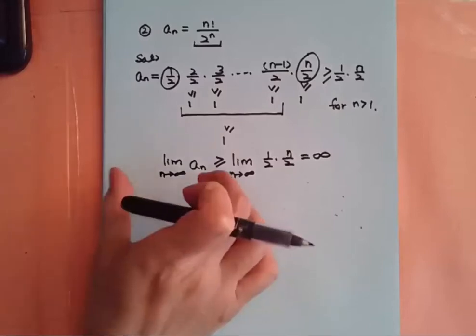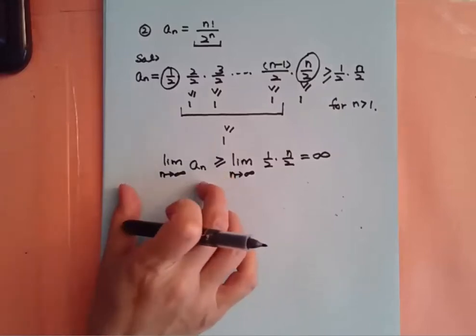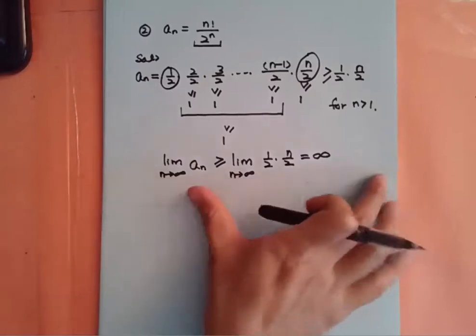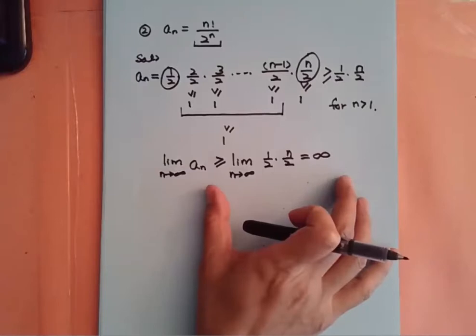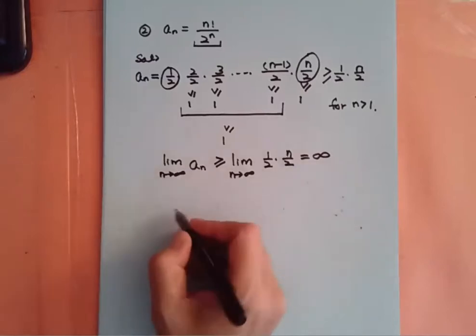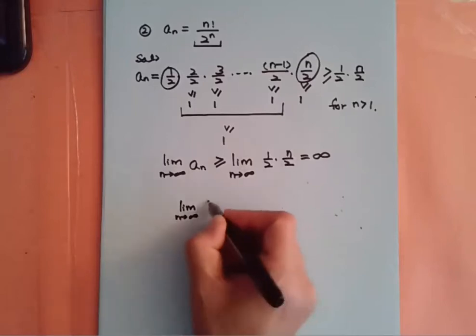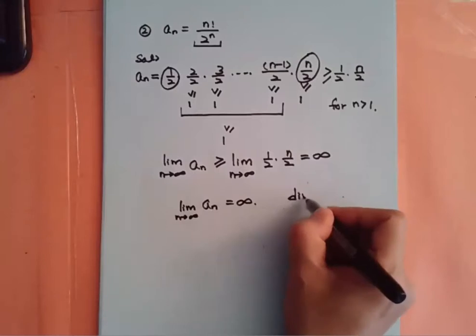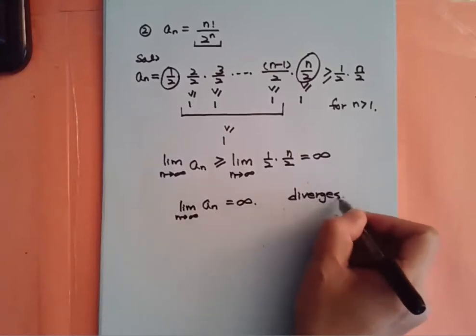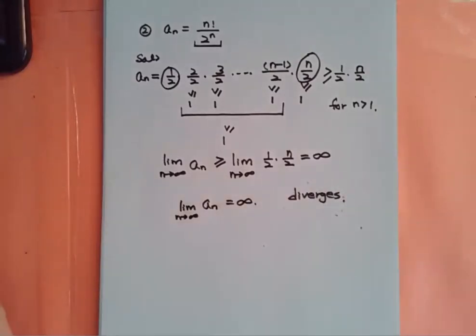So this sequence should grow faster than this sequence, which diverges to infinity. That means the limit of a_n will be infinity. That is, it diverges. Any questions?